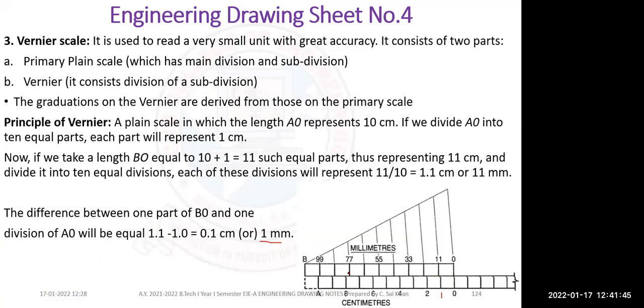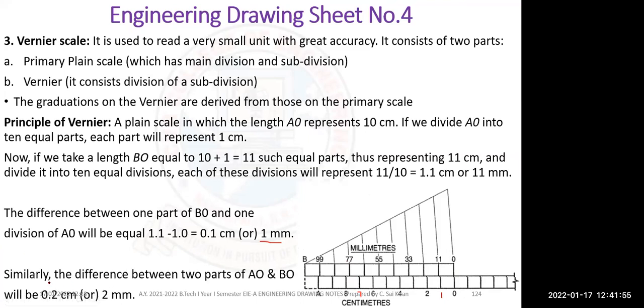If I want to measure, this is my 7th point, so 77 minus 70 will become 7. Similarly, 22 minus 20 will become 0.2 centimeter. Okay. So this is the principle we use in the Vernier scale. Okay.